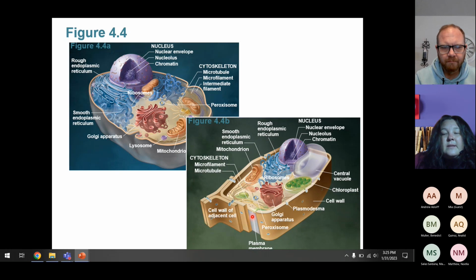Also note, there is a plasma membrane or a cell membrane surrounding both cells. It's just that the plant cell, in addition to the cell membrane, has a cell wall. Second difference, plant cells have chloroplasts. Animal cells do not. Third difference, plant cells have this thing called a central vacuole. We'll learn about that in a minute. And animal cells do not have central vacuoles.